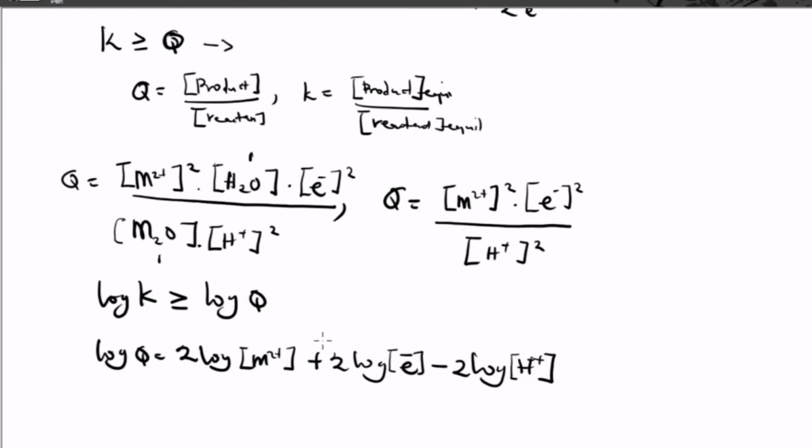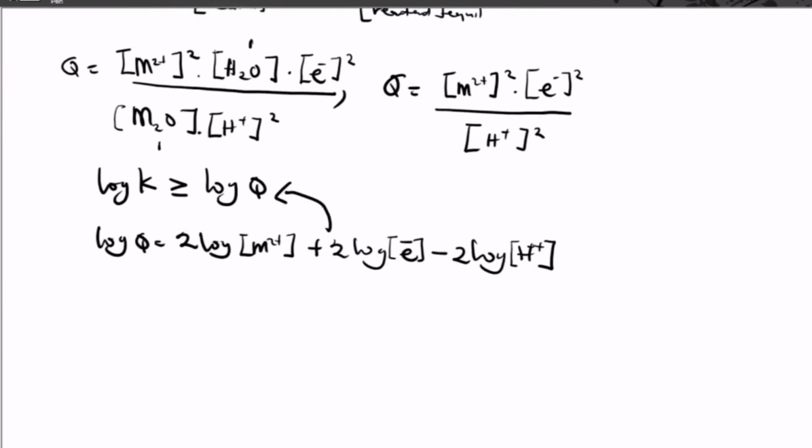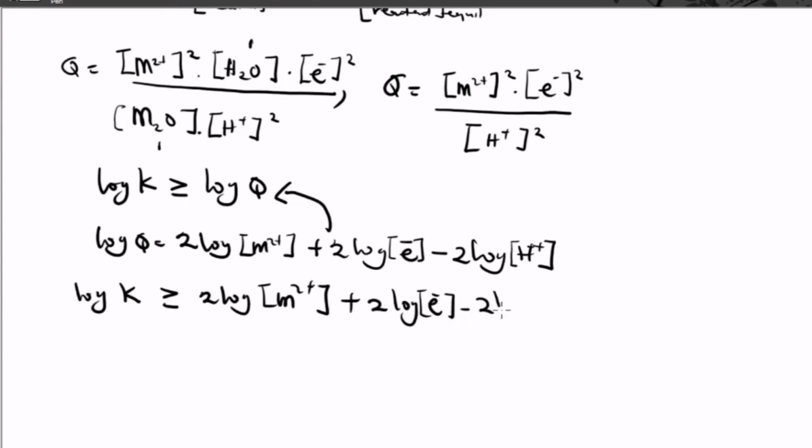After you've done that, let's do the substitution. We are going to substitute this into this, right? With that substitution, our log A will be greater than or equal to our log Q, giving you 2 log M2+, plus 2 log E minus 2 log hydrogen ion.